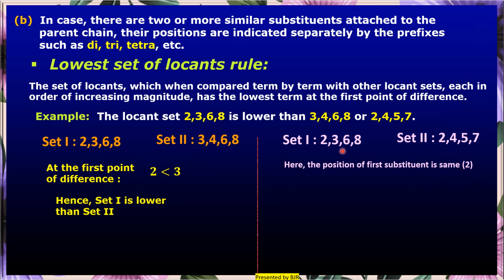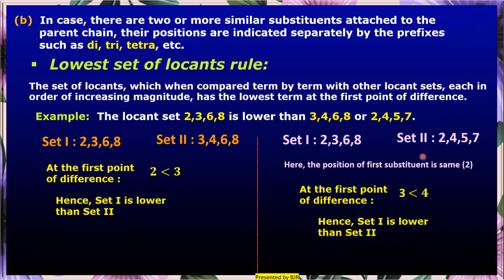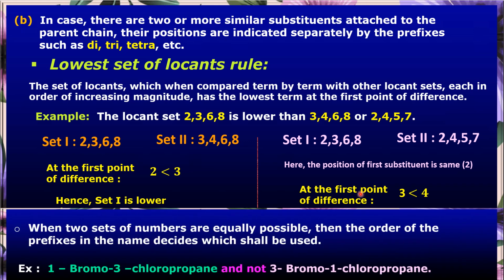Then we have to compare the second locants, 3 and 4. So 3 is less than 4. So at the first point of difference, 3 is less than 4, isn't it? So set 1 is lower than set 2. So this rule is called the lowest set of locants rule. Okay.